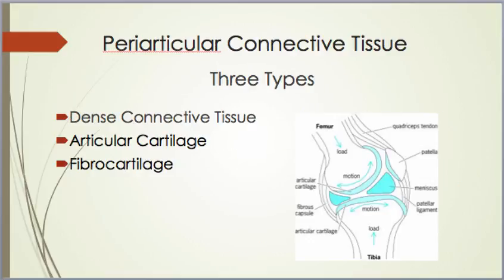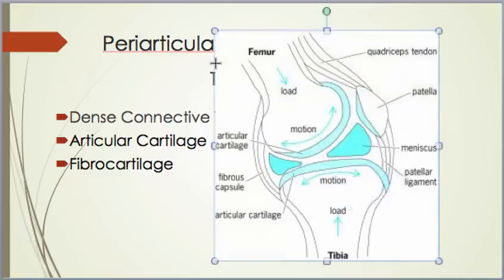So there are three types of periarticular connective tissue: dense connective tissue, articular cartilage, and fibrocartilage. You can see in the picture here the aqua shades of blue. We have our dense connective tissue, which is really the fibrous capsule.